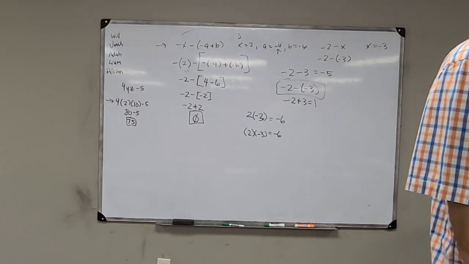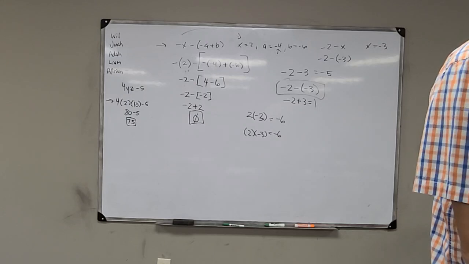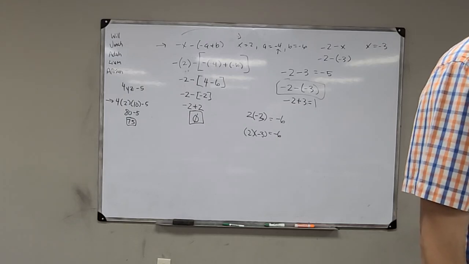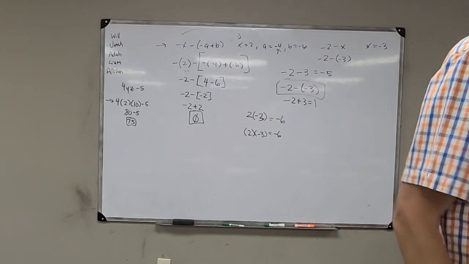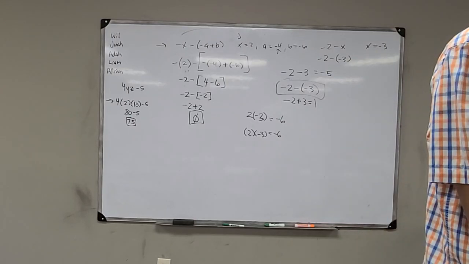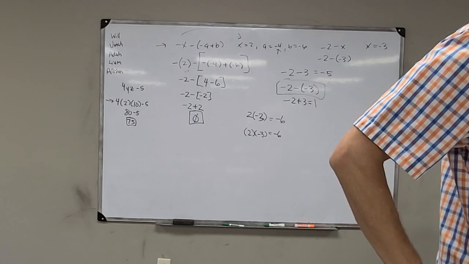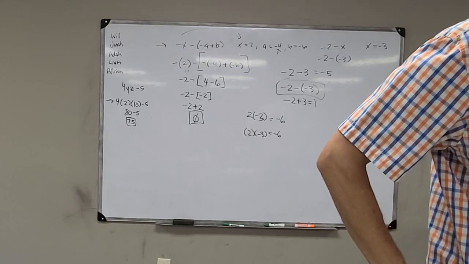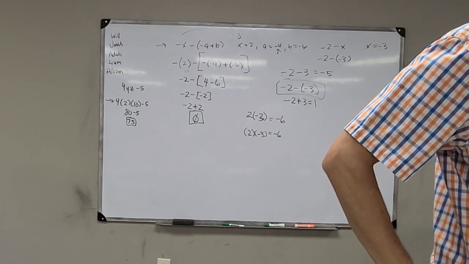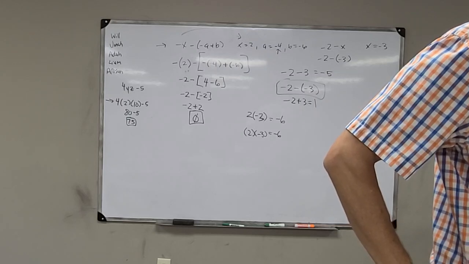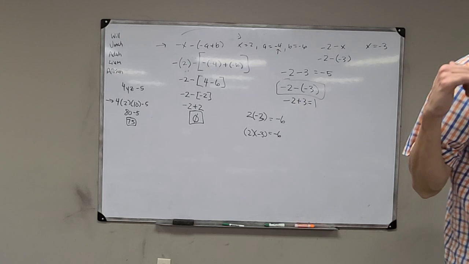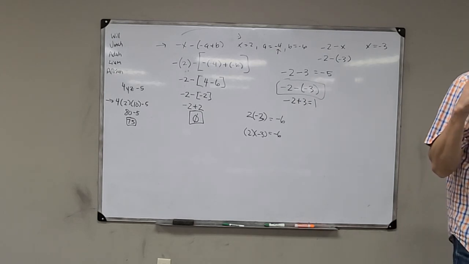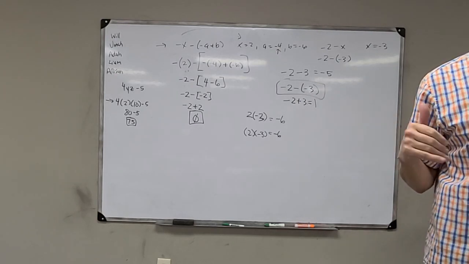And so if you want to get good at this, let's look at, for example, lesson 14 here. For these types of problems, I always have you do the odd numbered problems. So if you look at the evaluate section on page 66, number 11, number 13, number 15, number 17, all of those problems are the type of problems that we're doing today. Those are the only ones that I'm requiring you to do.